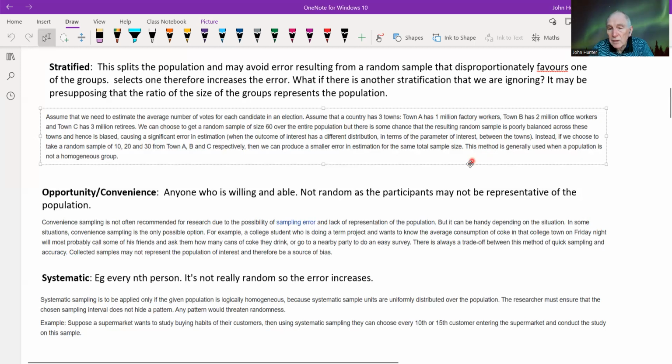So what we're effectively doing is breaking our sample size in the ratio 1 to 2 to 3. So that would be a 6. Well, a 1 in 6 is about 16%. So that would be 16 out of 100 from town A, and 32% from town B, and so on.